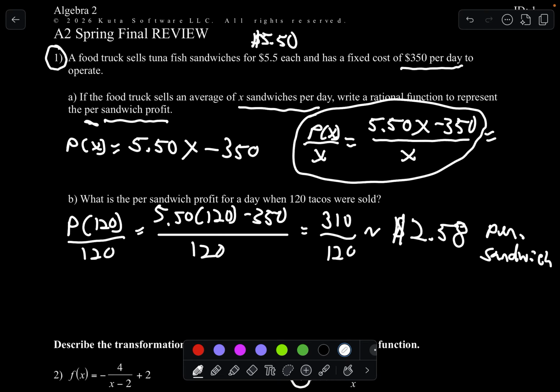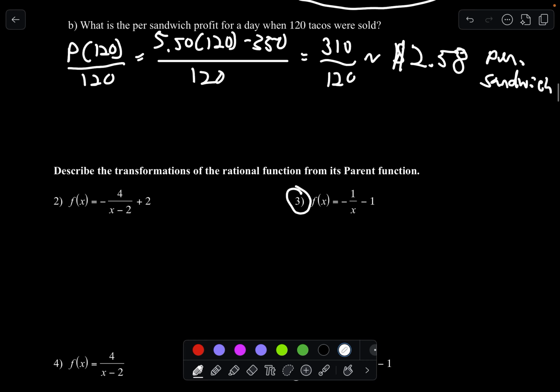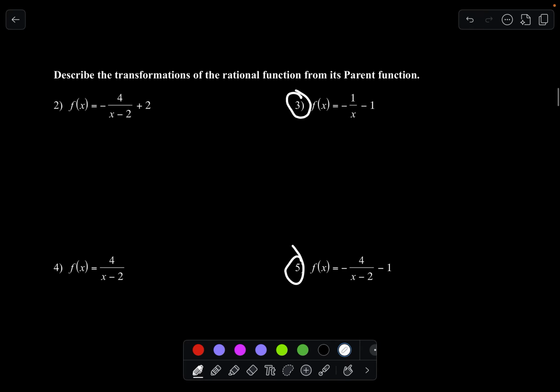All right. Now on 3 and 4, they give you a pretty basic rational expression and function, and they want you to describe the transformations.